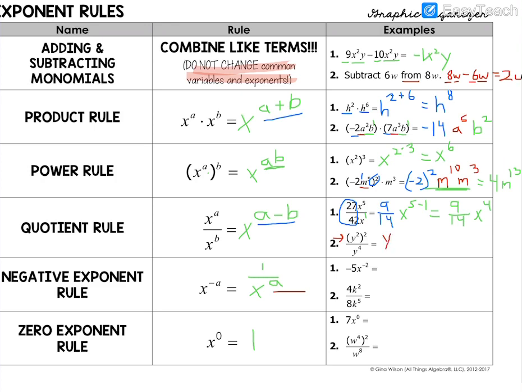So y squared, so 2 times 2 is 4, divided by y to the 4th. So now we're going to subtract our exponents. So 4 minus 4 is 0. So we have y to the 0 power.